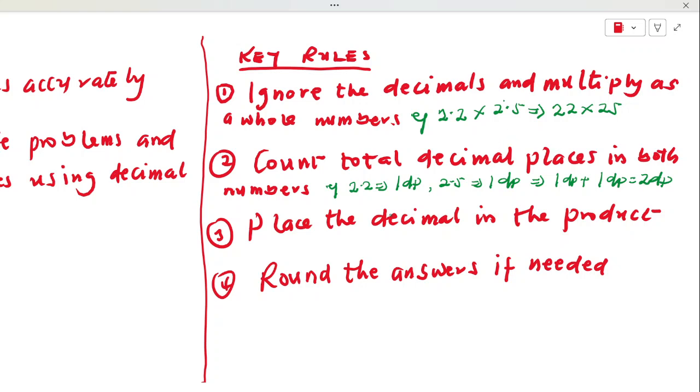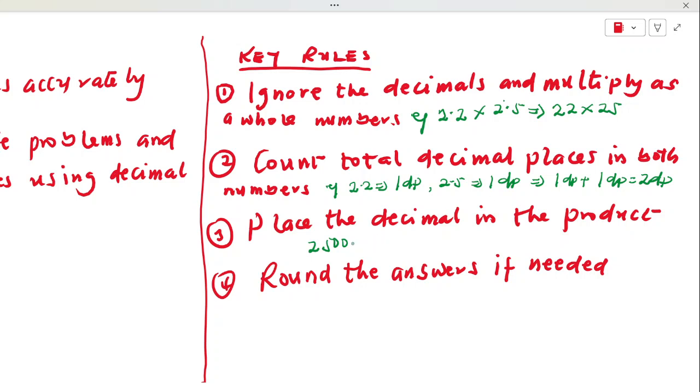Now the third one is that place the decimal point in the product. So assuming after solving this, you get, let's say, 2,500. I'm just assuming, okay? Now you have two decimal places.